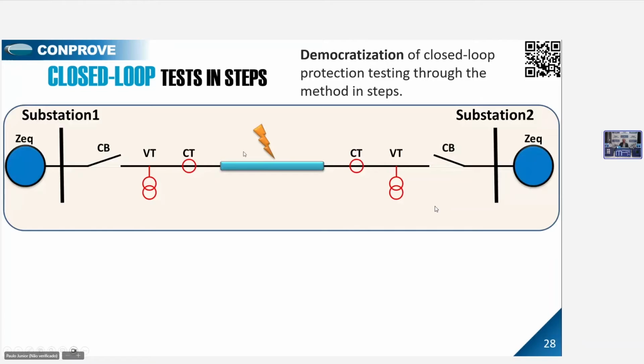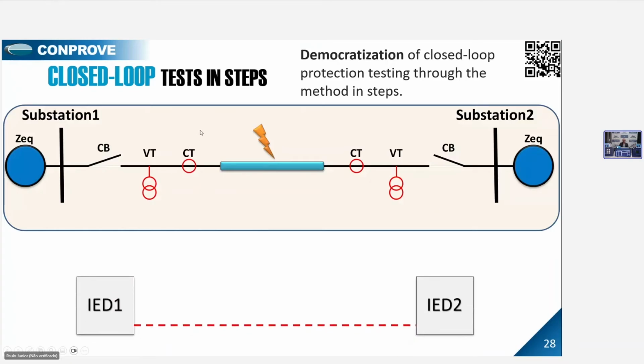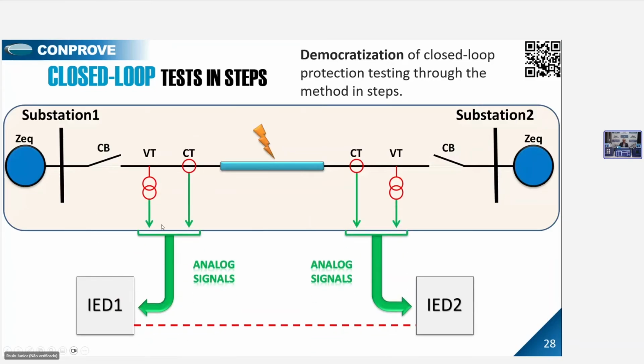Here is the idea of the software, where we can do the closed loop. Here we have all our components that can be used to model the circuit breaker, the VT, the CT, the line, and we have the physical IEDs that can be tested. We inject the analog signal with traditional copper current and voltage, or you can inject the sampled value frames in the IEC 61850 environment.